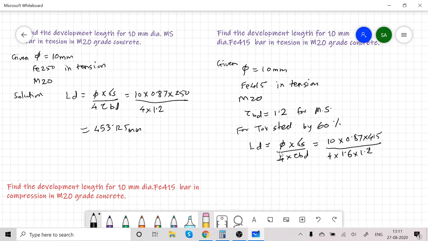Because tor steel has a rough surface, friction is more, so we can increase the bond stress by 60%, and that gives LD equal to 470.1 mm.